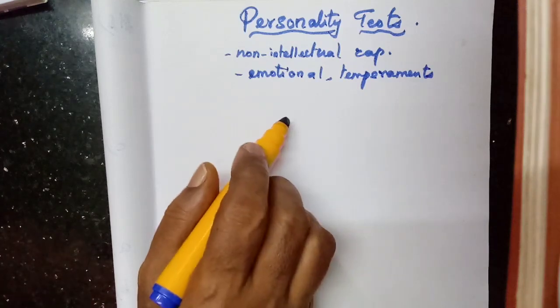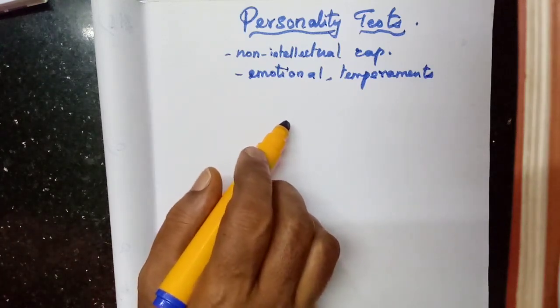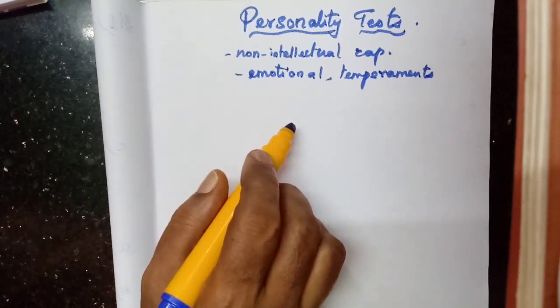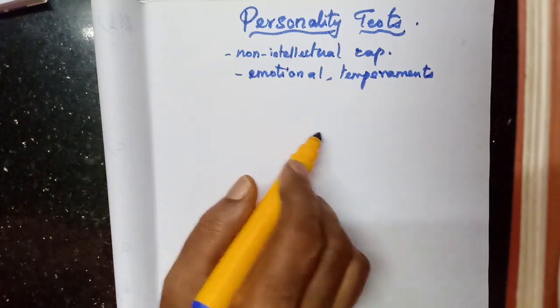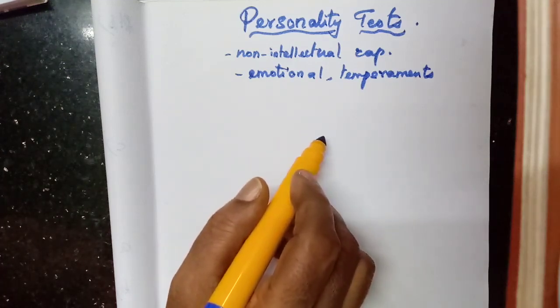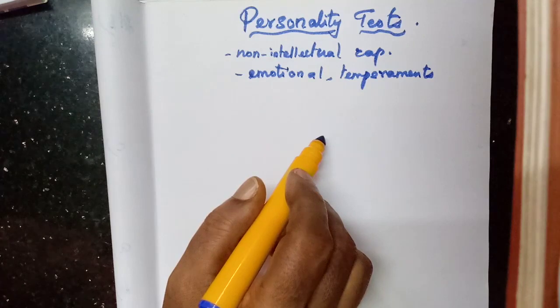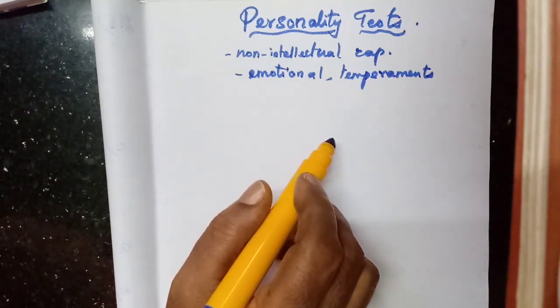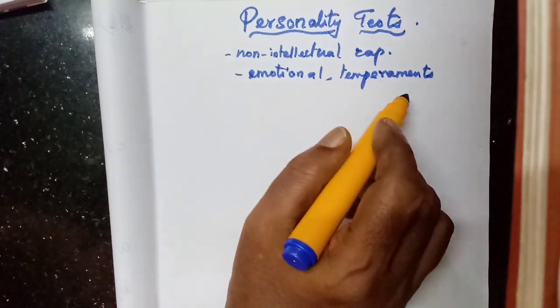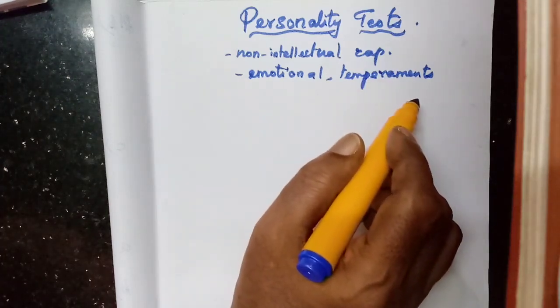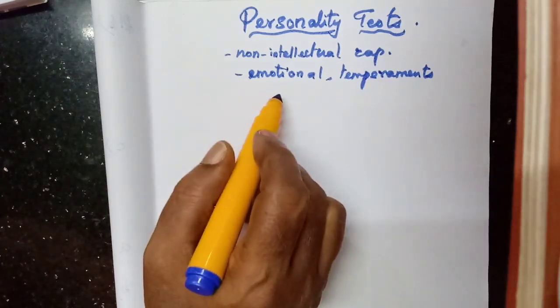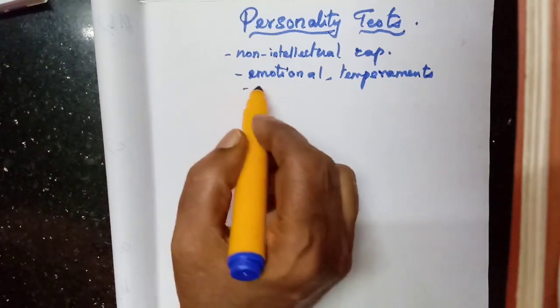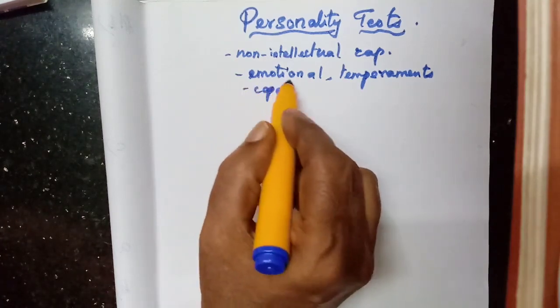They will ask some questions and watch the person's face, the expression of the face, whether he is able to answer, or he may be scratching his head and showing different face expressions. That will be checked. The emotional response, then temperament of the candidate, then capability and stability.